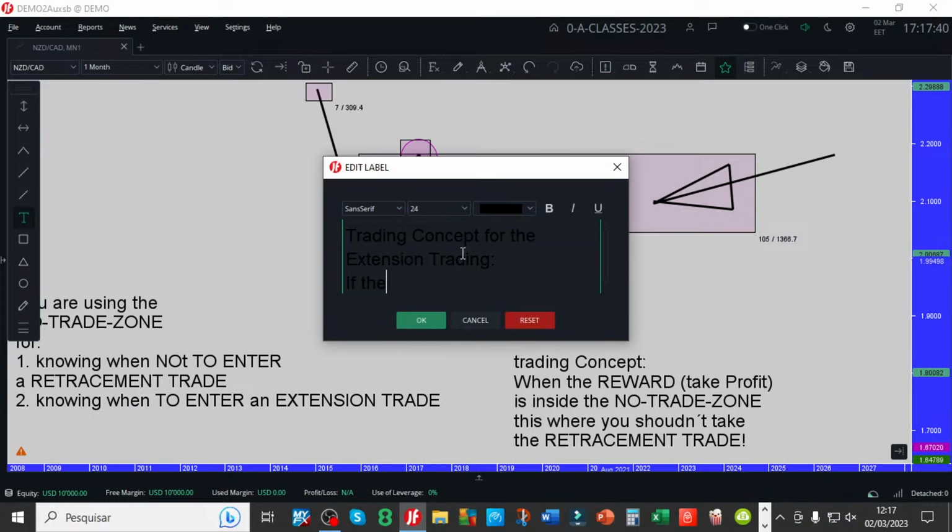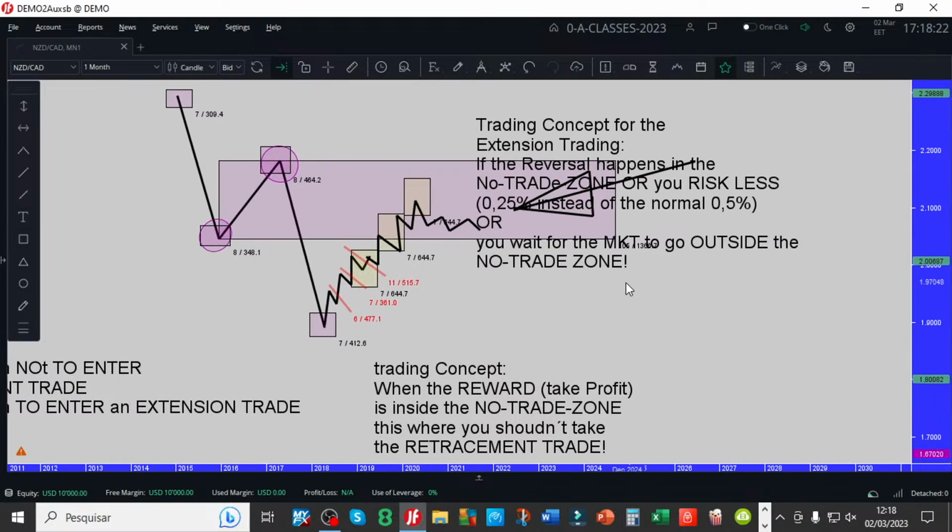If the reversal happens in the no trade zone, you risk less, so 0.25% instead of the normal 0.5%, or you wait for the market to go outside the no trade zone. Okay, everybody?